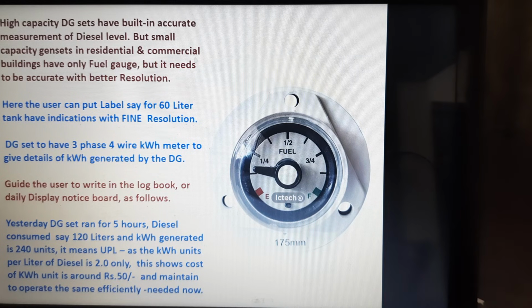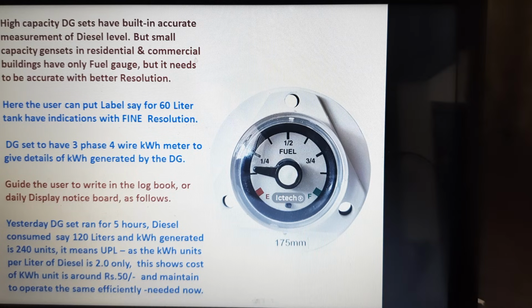See, industries achieve almost 3.5 to 3.8 units per liter in their DG standby usage of say 500 kVA or 1000 kVA DG sets, but in residential or commercial buildings of less than 100 kVA or 200 kVA, they achieve only 2 units per liter. That is practical, and it needs to be confirmed whether it is this low or how it can be improved.